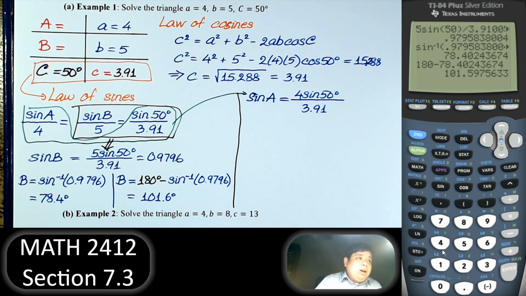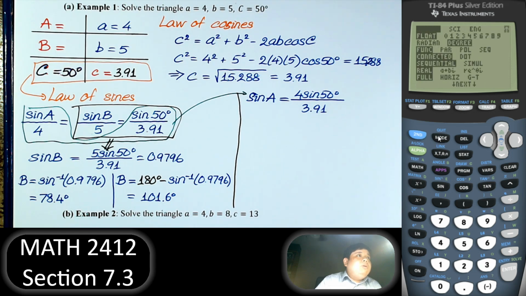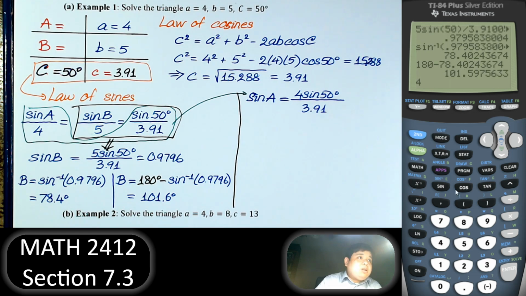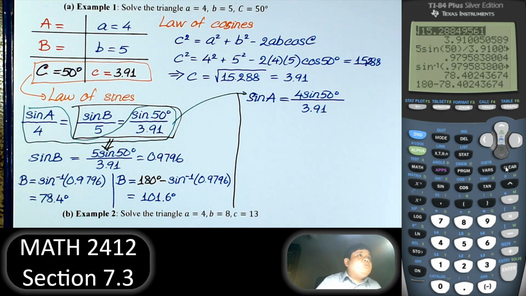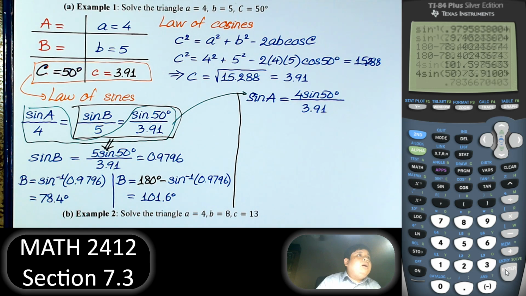Right. 4 times sine of 50 degrees divided by, do we have 3.91? Yep, this one. And we have 0.78 something.